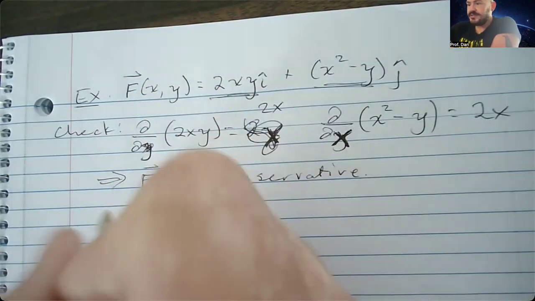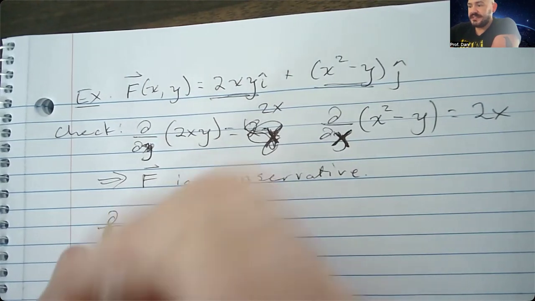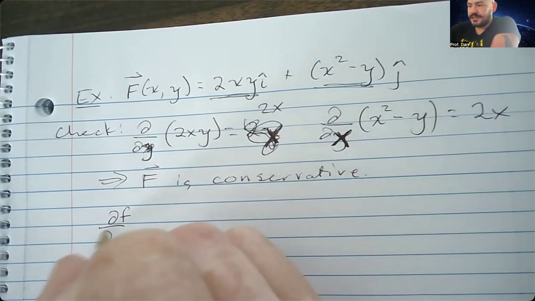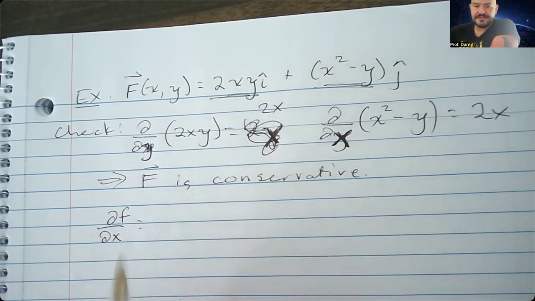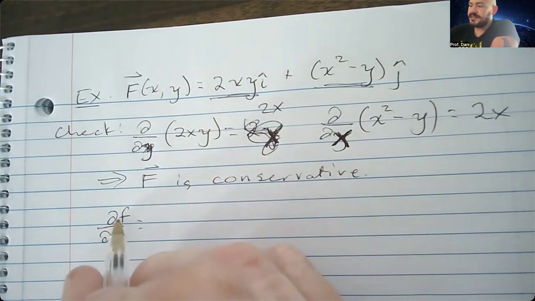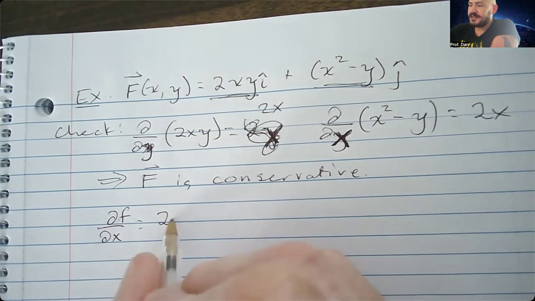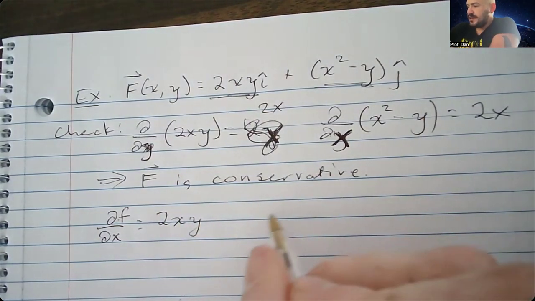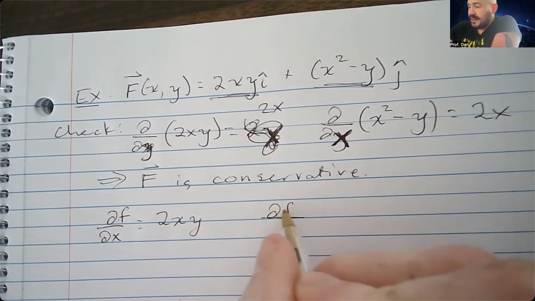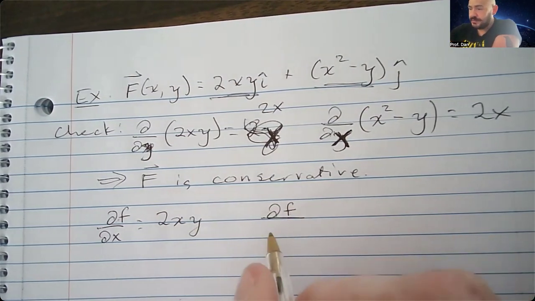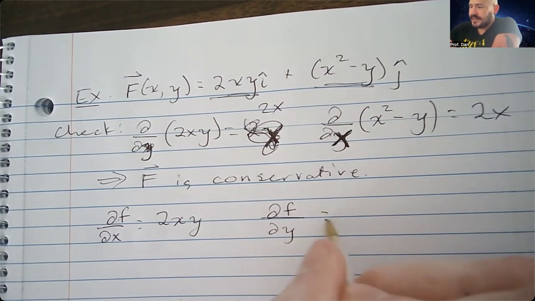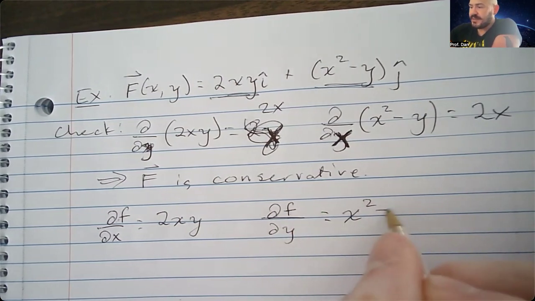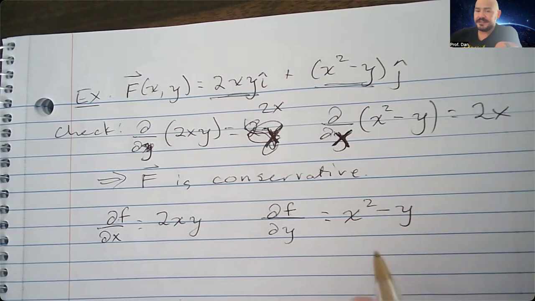So we know, because f is the gradient, that the partial with respect to x of our potential function f ended up giving us 2xy. That's why it was the i component. And then the partial of little f, the potential function, with respect to y ended up giving us x squared minus y, and that's how it became the j component.